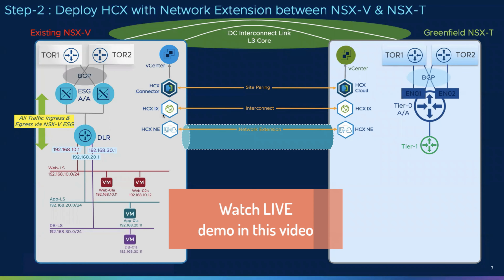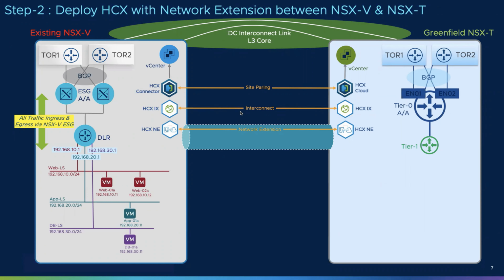The HCX interconnect appliance is used to form a vMotion tunnel extension between your old and new data center. The network extension appliance creates a layer 2 tunnel, an L2 VPN type of tunnel, between the source and target side, and this one will be used to extend the network.